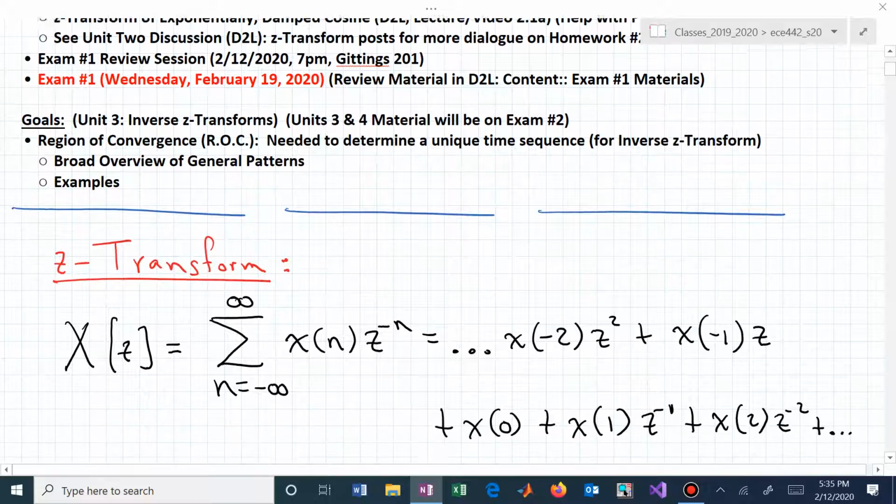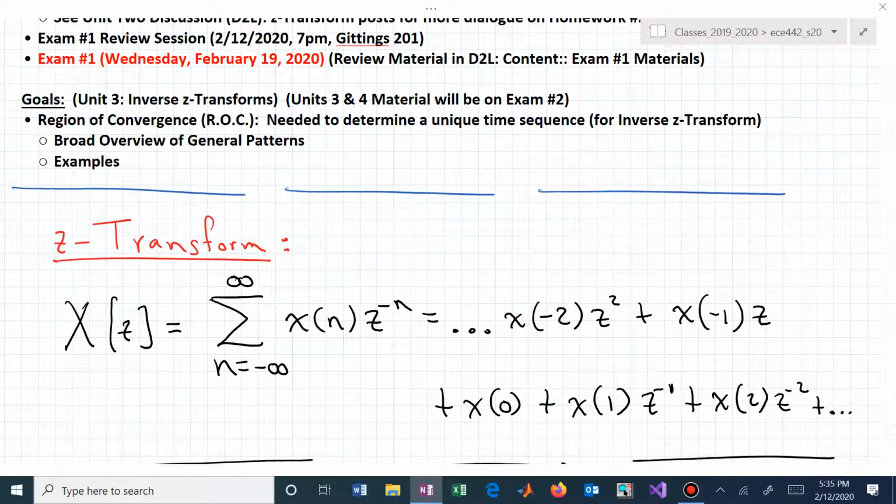These regions of convergence are really dealing with the definition of the Z transform. What values of Z allow this infinite series to sum to a finite value? What values of Z allow this sum to remain finite? That's what's governing the region of convergence.